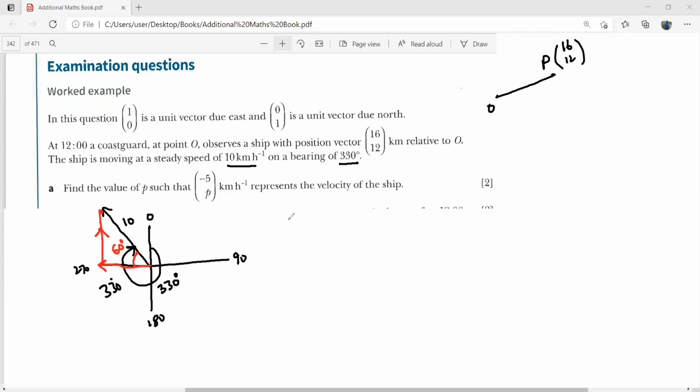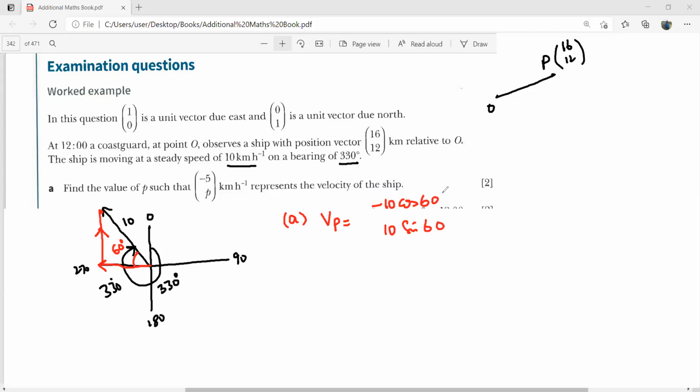So part A, we have to write the velocity vector. The velocity of this, what is the letter given? Q or P? Okay, let me write this velocity of P. So that is going to be minus 10 cos 60. Remember cos 60 is half, okay? And this is going to be 10 sine 60.